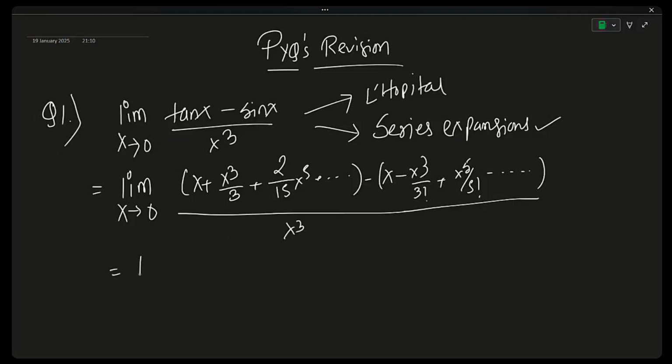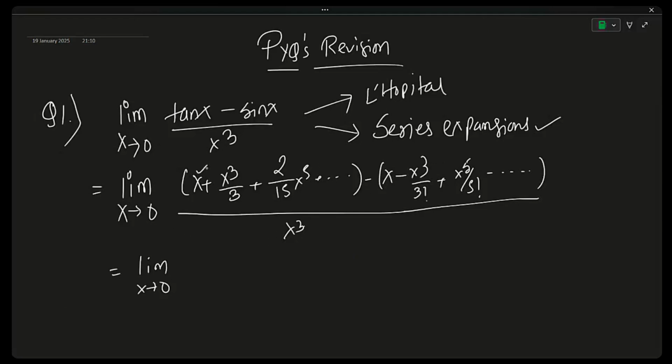In this type of question, once we get to this point, we use series expansions in order to cancel things off, and we want to extract the coefficient of whatever is in the denominator. The denominator is x cubed, right? We want to find the coefficient of x cubed from the numerator, and any term greater than x cubed, like x^5, x^7 and so on, will become 0 because limit x tends to 0.